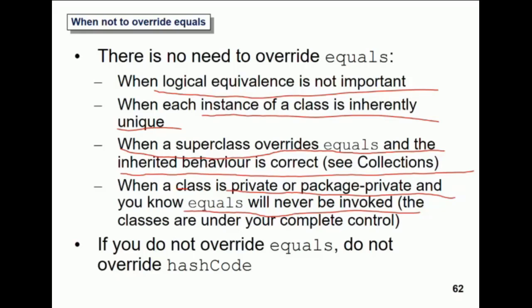If a class is not intended to be public, so the outside world can't make use of it, and you don't want to do any comparison of objects, then there's no need for equals either. So it's up to you to decide when it makes sense to override equals or not. And if you do not override equals, then definitely don't override hashCode, because you just make use of the hashCode method of the Object class as well.